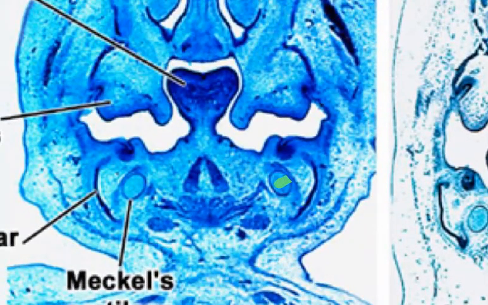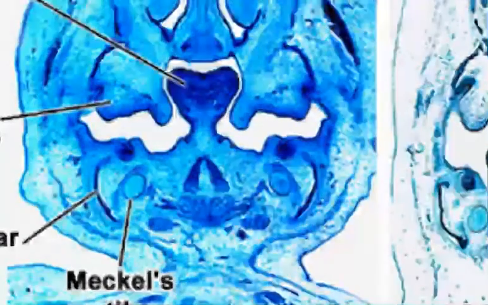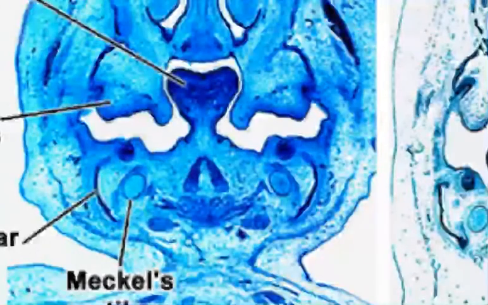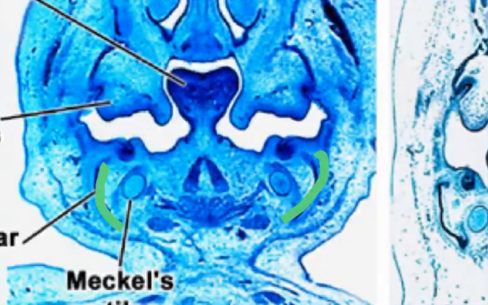We identify here Meckel's cartilage, the cartilage that supports the mandibular process. We see mandibular bone, developing mandibular bone. See that Meckel's cartilage doesn't give rise to mandibular bone.